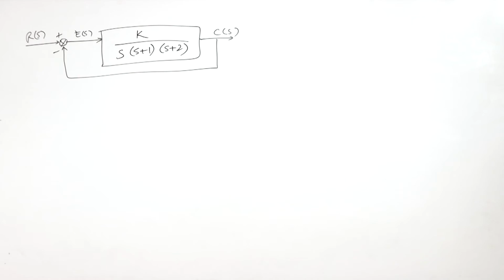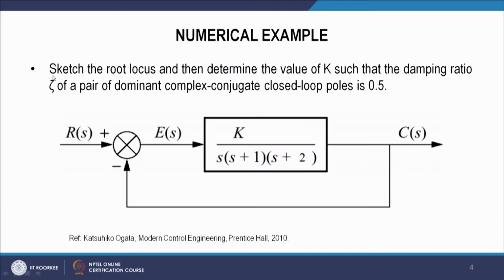Sketch the root locus and then determine the value of k such that the damping ratio of a pair of dominant complex conjugate closed loop poles is 0.5.